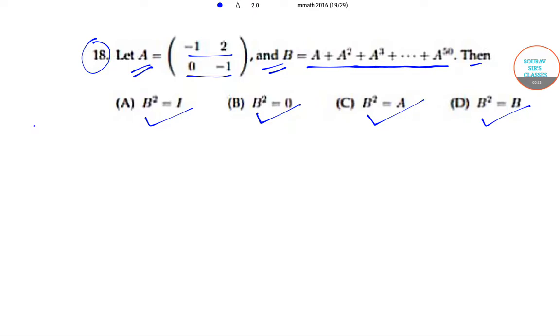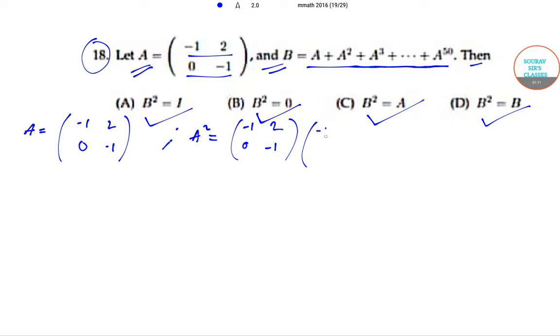So we have been given that A is equal to the matrix -1, 2, 0 and -1. If we need to find out A square, this will be equal to [-1, 2; 0, -1] into [-1, 2; 0, -1]. Upon multiplication this will come down to [1, -4; 0, 1].